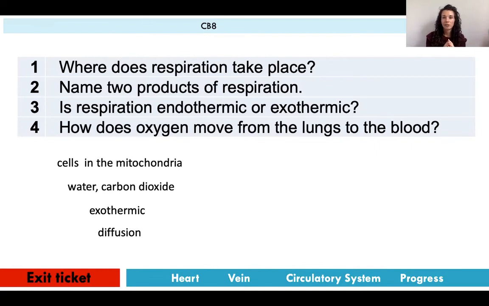An endothermic reaction is a reaction that takes in energy, and an exothermic is a reaction that gives out energy. And because respiration is releasing energy, we call it exothermic. And how does oxygen move from the lungs to the blood? Via diffusion. All right.